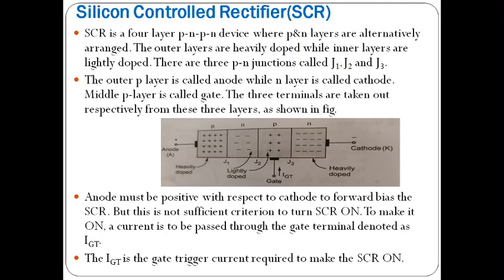So even when the forward bias is applied to the SCR, the gate trigger current must be passed. Then only is the SCR in the on state. Otherwise, the SCR is in the off state.